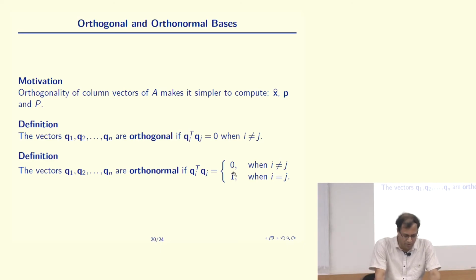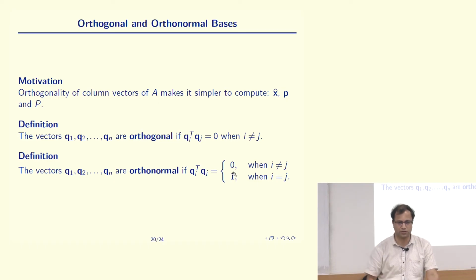A set of vectors will be called orthogonal if any two vectors are orthogonal or perpendicular. Okay, and orthonormal when they are also unit vectors, the length is 1. So that is a little bit more than orthogonal vectors.